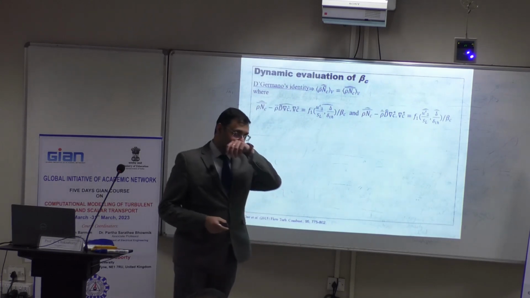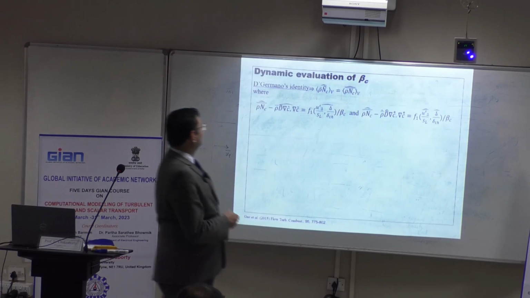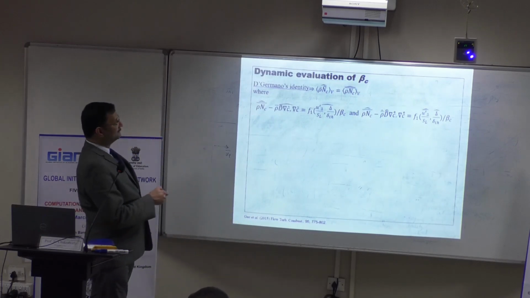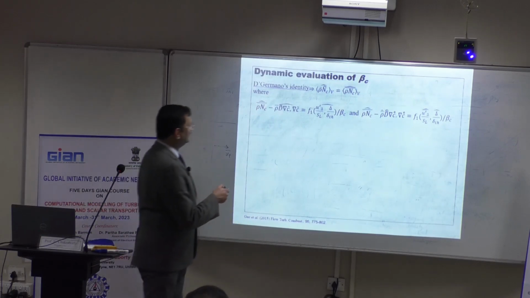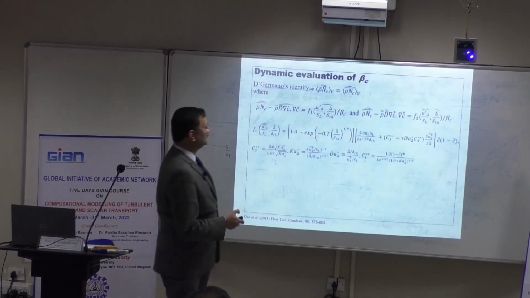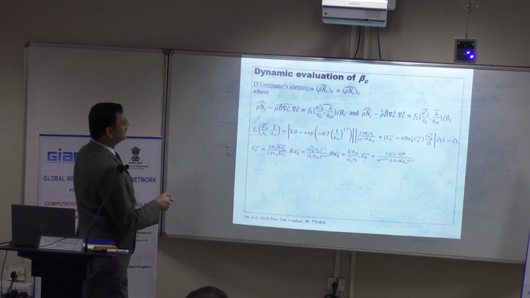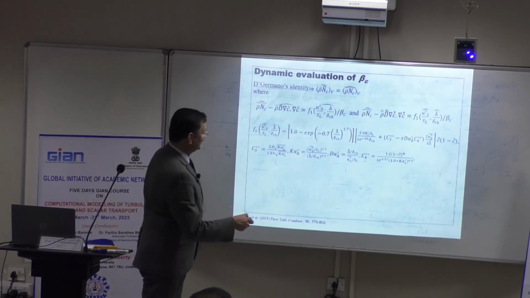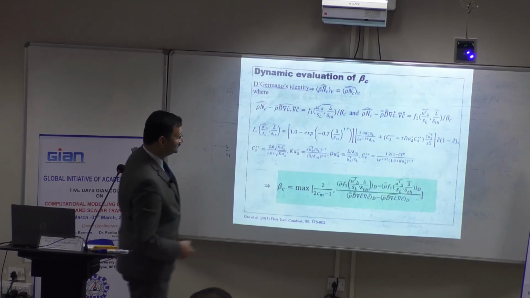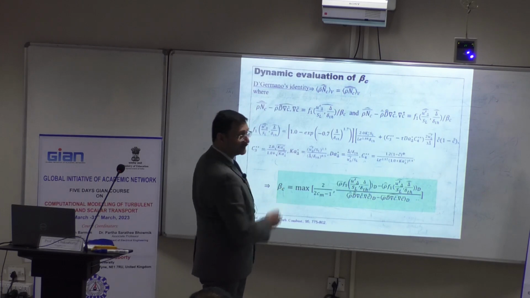Now, let's go for dynamic modeling. Basically the hat is called test filter. Using this identity, I can come up with this kind of expression finally for beta c parameter, a model parameter.